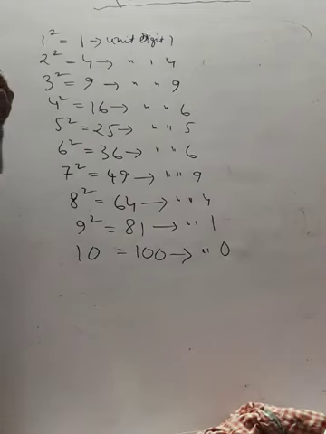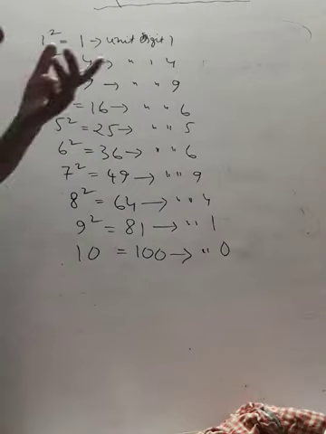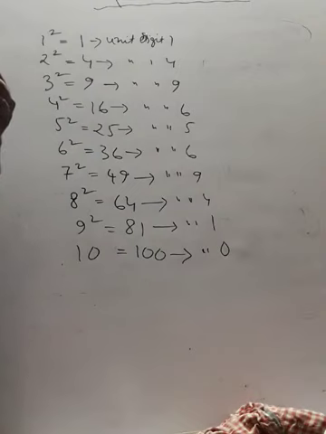In spite of that, there are some ways by which you can determine if a number is a perfect square or not. For that, you need to know the squares of the first 10 natural numbers. So here I come up with those natural numbers.